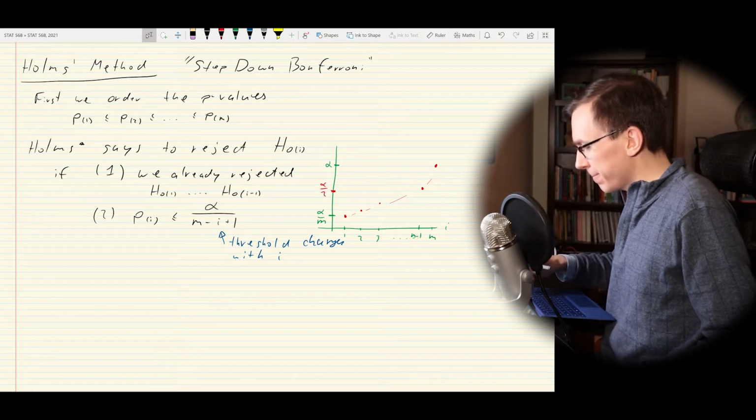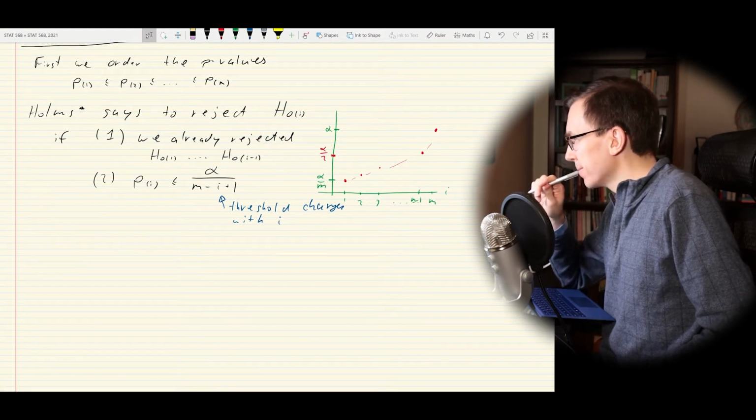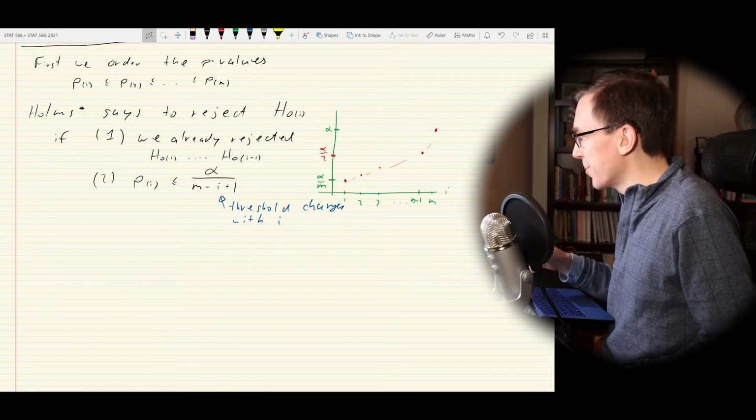Okay, so how do we show this? Well, we're going to need some more notation here. This one gets a little bit funny.